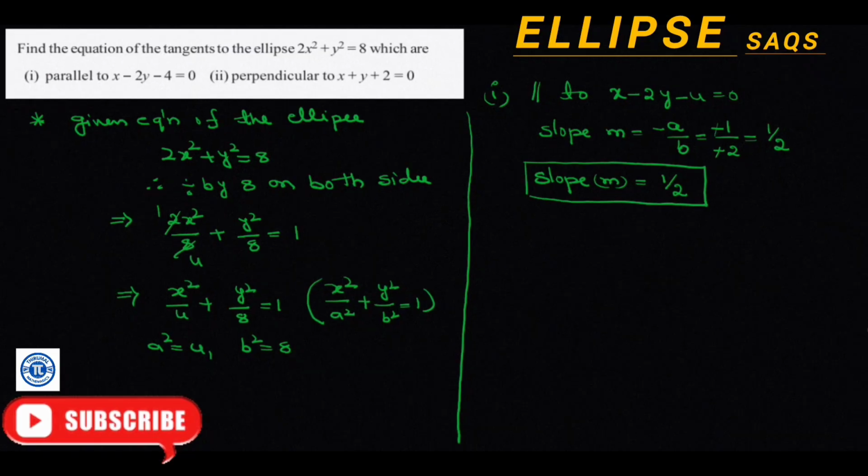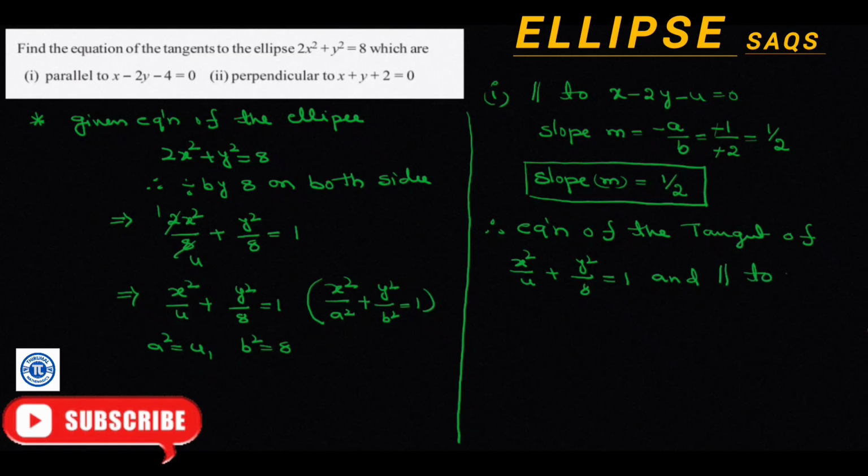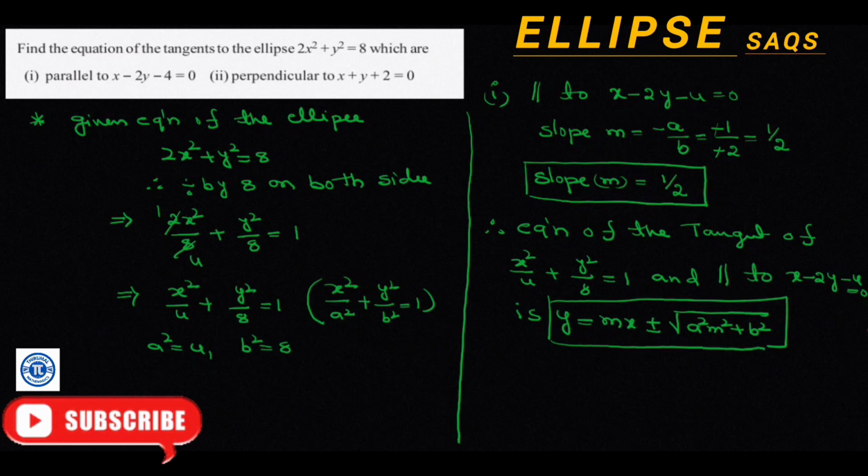Okay, now write formula. Equation of the tangent of given ellipse x square by 4 plus y square by 8 is equal to 1 and parallel to given equation x minus 2y minus 4 equal to 0 is given by y equals mx plus or minus under root of a square m square plus b square.